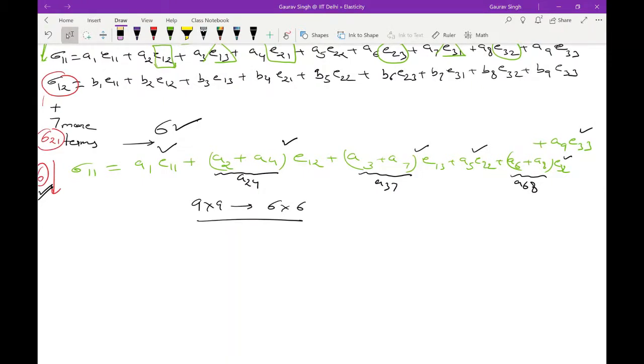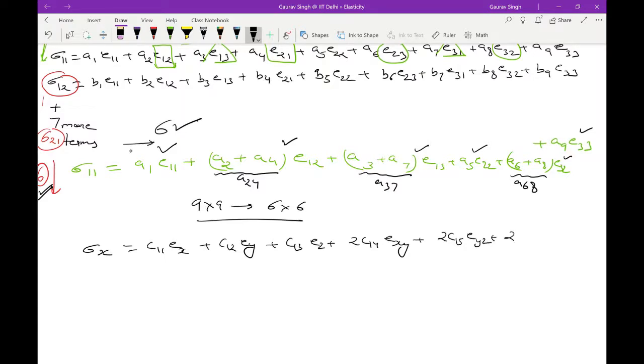That should look like, now I'll just use the X system, and sigma y. First of all, let's see what this is.